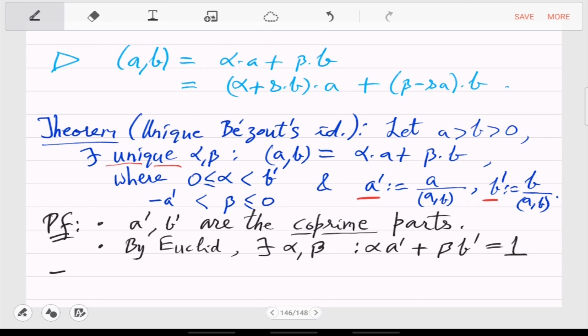So here, without loss of generality, you can assume that alpha is less than b prime and beta is in magnitude less than a prime. So in sign it will be this.